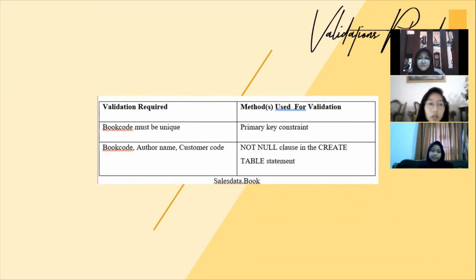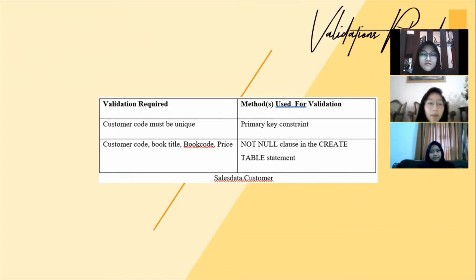And then validation required of sales data book: book code must be unique. Method used for validation: primary key constraint. And book code, author name, customer code, and method used for validation: not null clause in the create table statement.